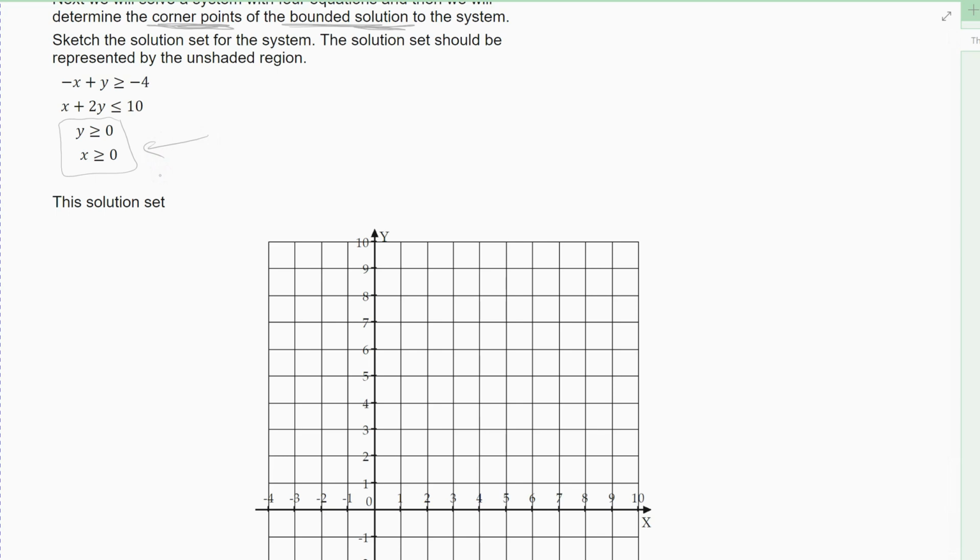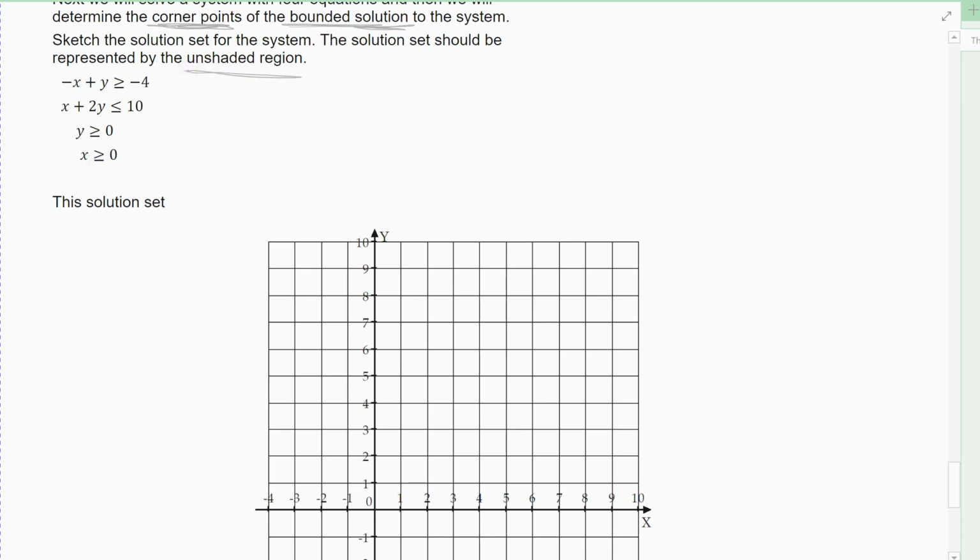If X represents time, it can only be positive. If Y represents the number of people, it can only be positive. So most of our applications will include these 2 standard inequalities: Y has to be greater than or equal to 0, X has to be greater than or equal to 0. It's kind of like the domain of these functions.